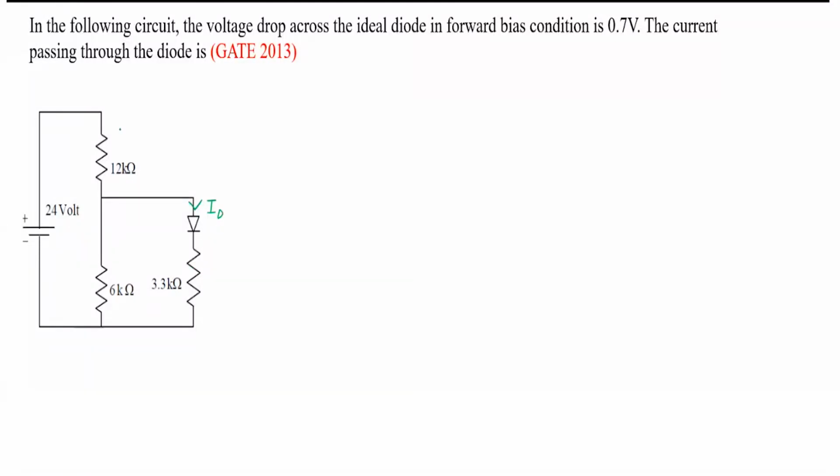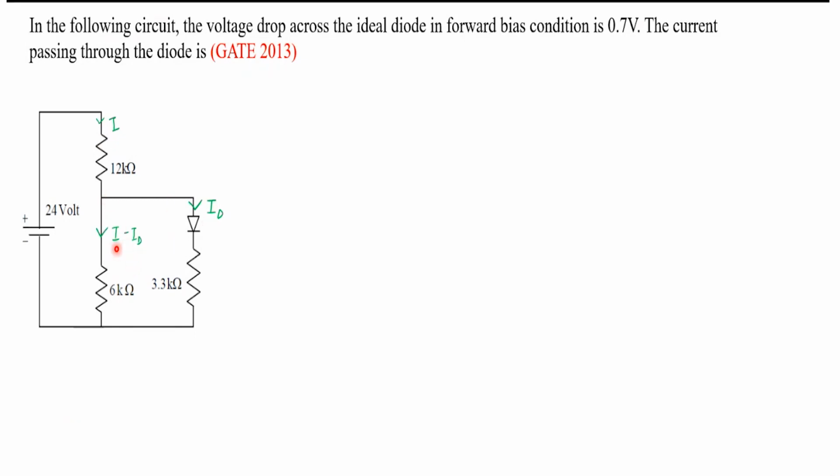Suppose I take this current to be I, then this current, can I say I minus ID? Yes or no? Can I say it like this? I is a current, I can divide this one as I minus ID and ID.